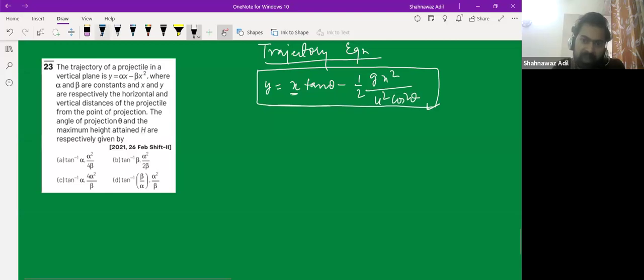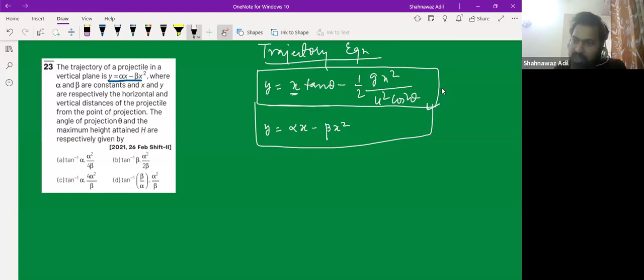You see that they have written the trajectory of the projectile in this form: y is alpha x minus beta x square. If you compare these two, let's say equation 1 and equation 2, what would be alpha?